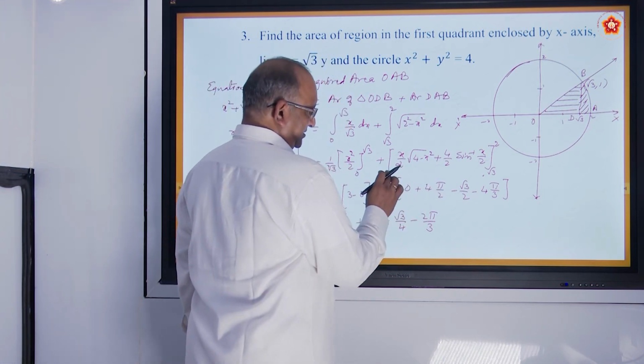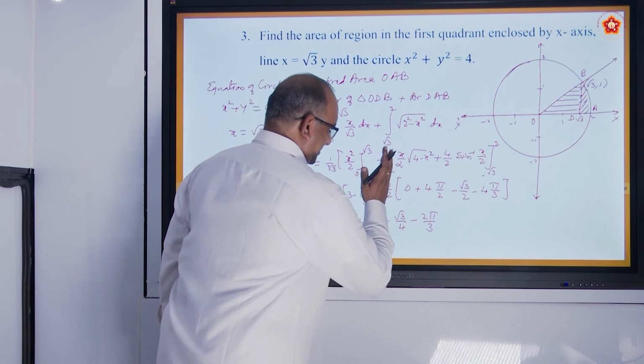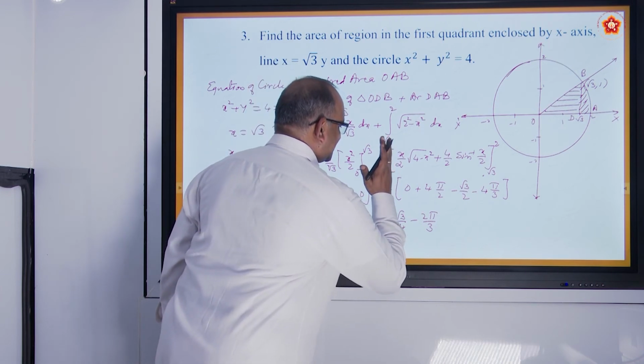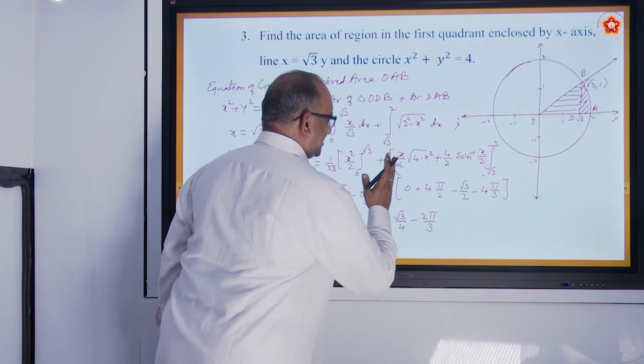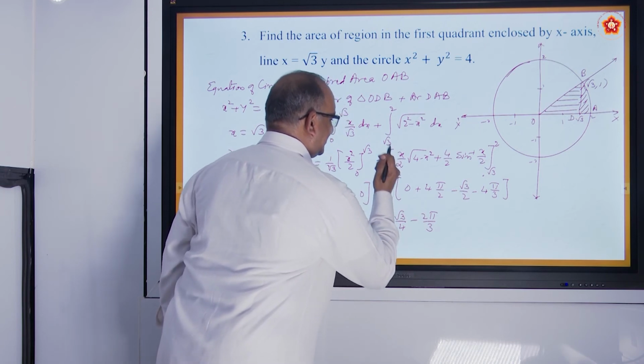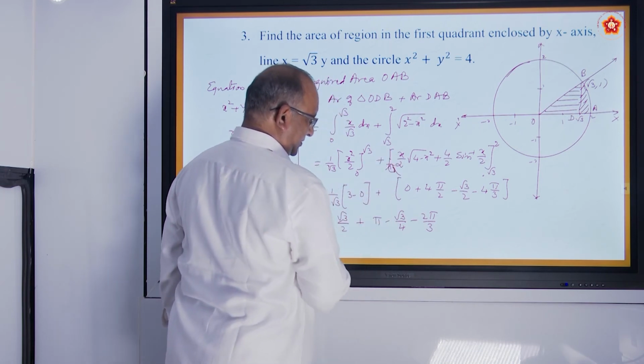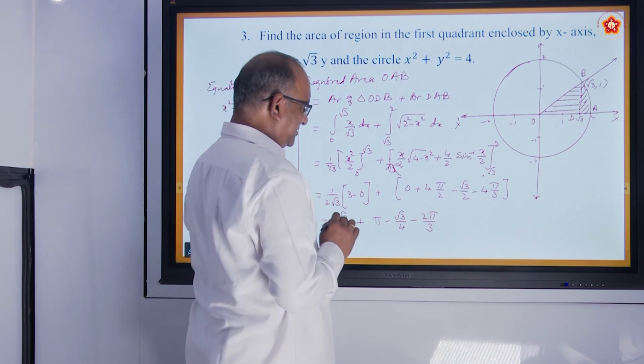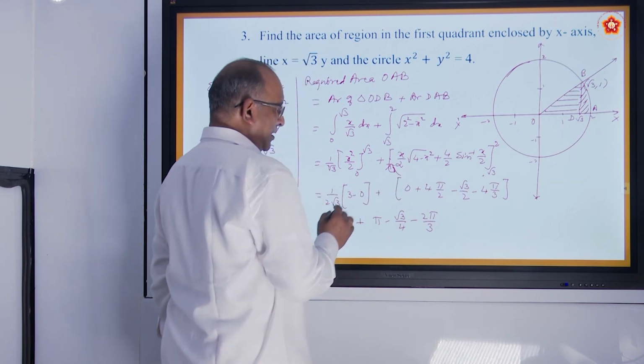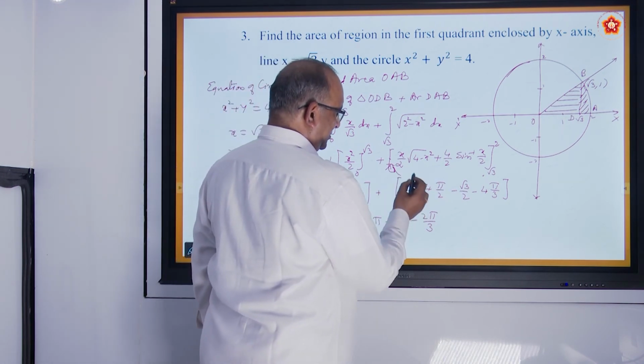The mistake is, the best thing can be that you just remove this 1 by 2 which we kept outside, not required. Let it be so as it is. So this is 0.